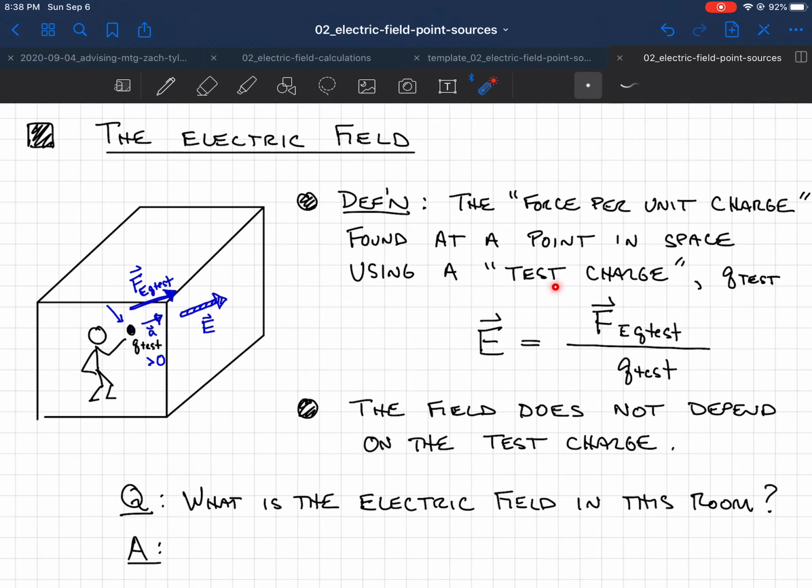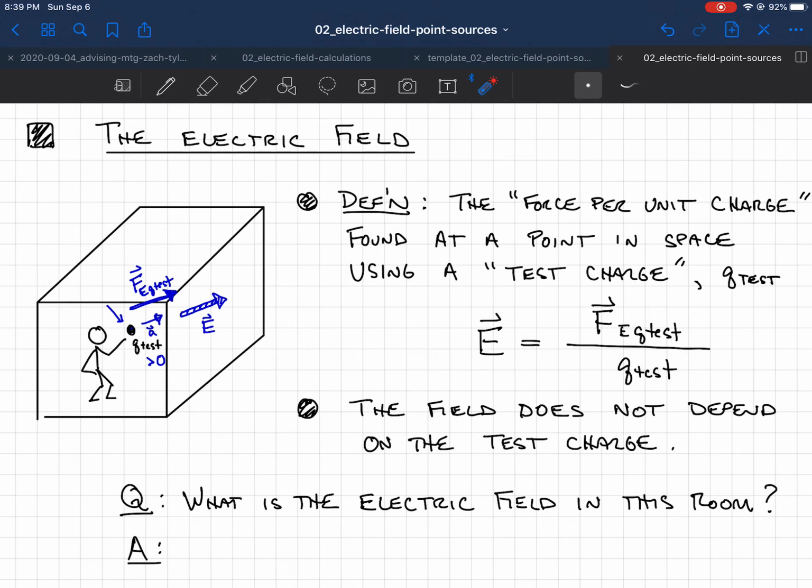But then when we go back to our equation, we would be dividing that force vector by the test charge, which we said now is negative, and that would flip this vector around to give us an electric field which is exactly the same thing here. So it does not matter what sort of test charge you use. It doesn't matter the magnitude or the sign of it. You'll always get exactly the same electric field.